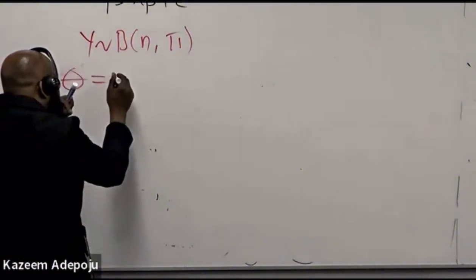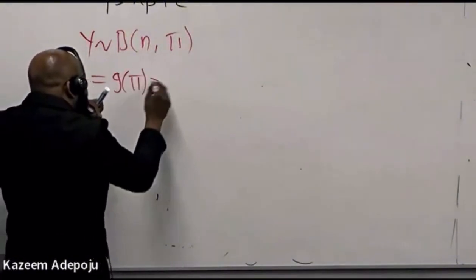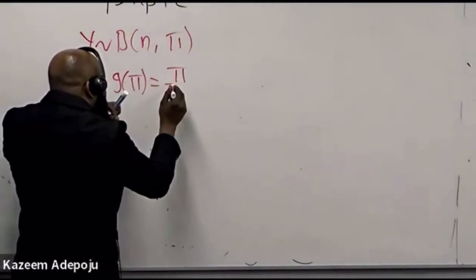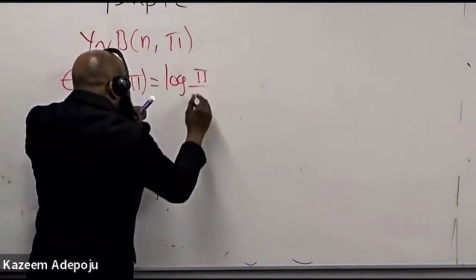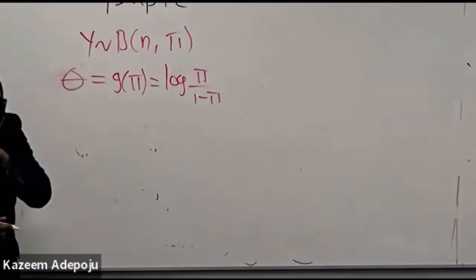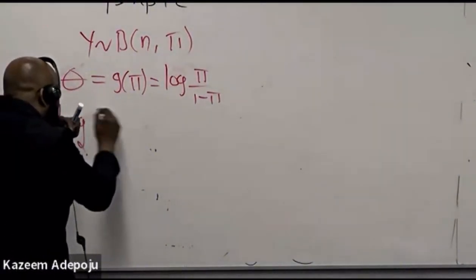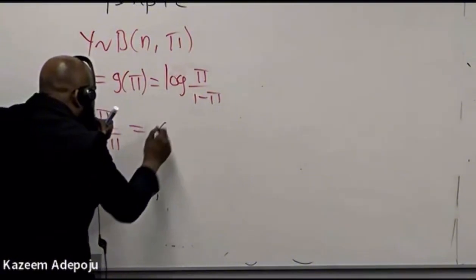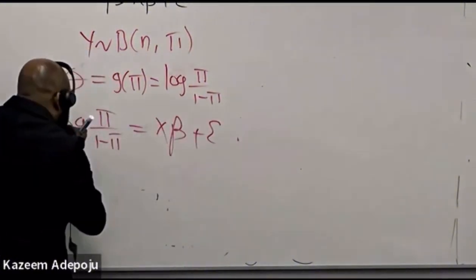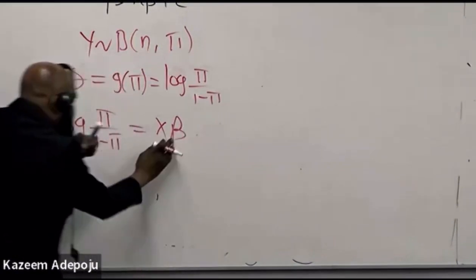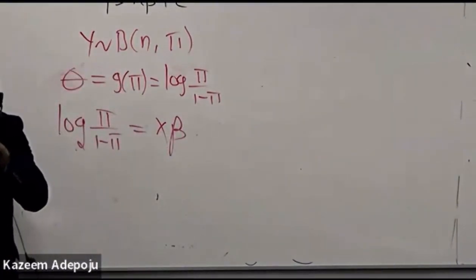Don't forget, we derived the link function, which is a function g of pi, to be the log of odds ratio. Now if I want to rewrite the logistic regression, it's going to be log of this equal this. Look at that. The log of this equals that, which means we have restored the linear relationship.